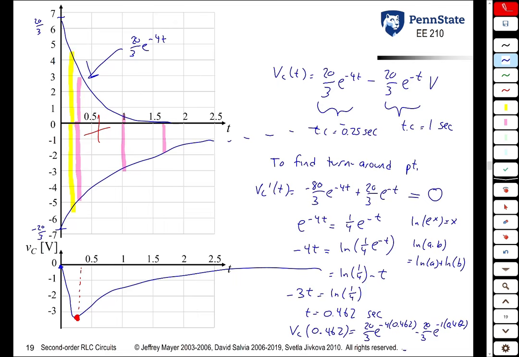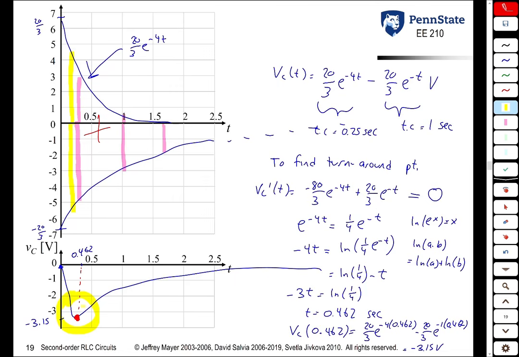And you work that out, it ends up being minus 3.15 volts. So we get that, and we get that. Now, this problem did not explicitly ask us to find this. I just added that as additional information.